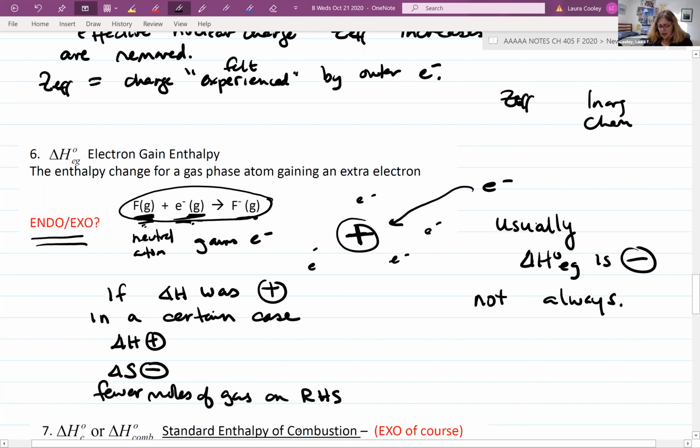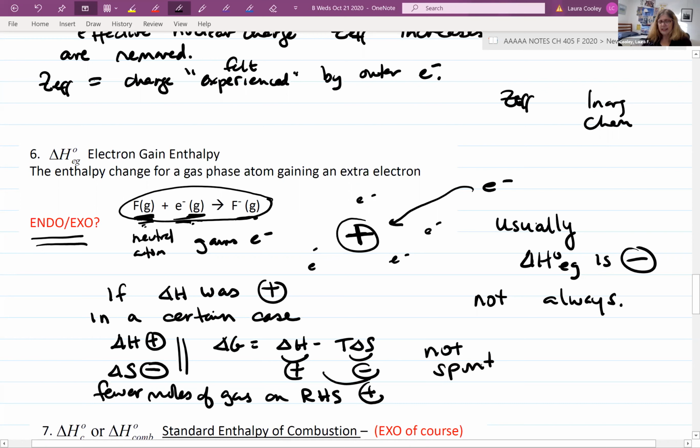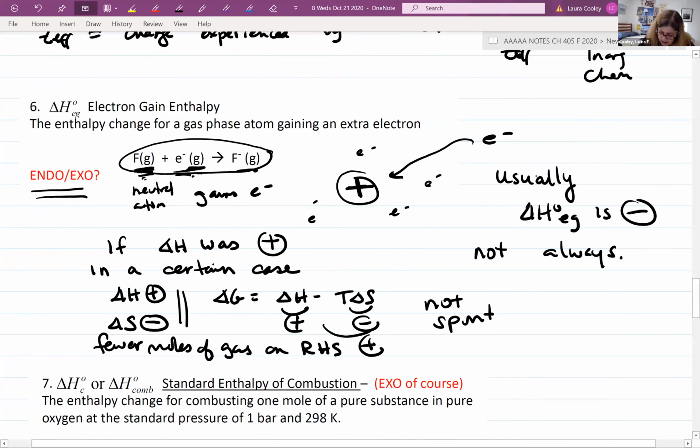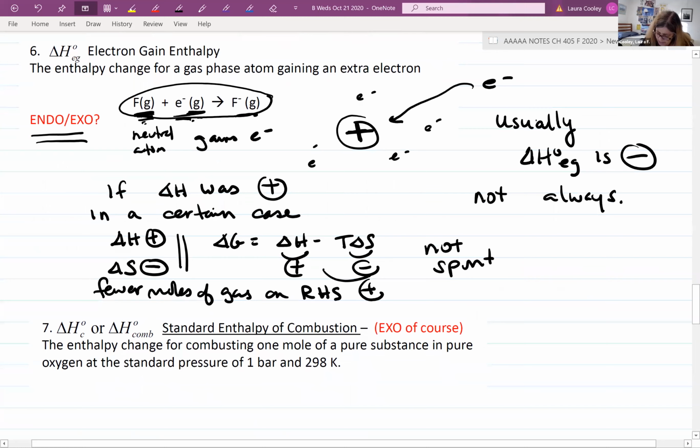So since delta G is delta H minus T delta S, this is negative, so this term is positive, and this is positive. So this is not going to be spontaneous. That's how I sort of understood it: if it's negative, you can measure it. If it's positive, those numbers are harder to get because they're not going to happen very easily. So that's just my commentary on the electron gain enthalpy.